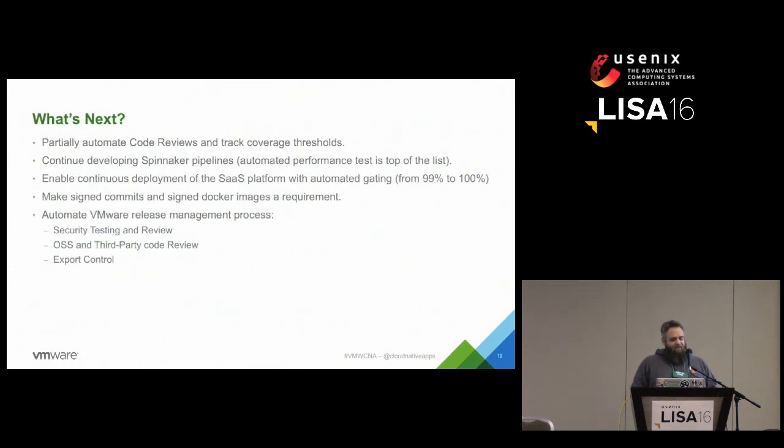I'm talking mostly about our release management process, which is, I guess, close to pretty much any large development shop out there. We have security testing and review. We have open source and third-party code review. If you ever integrate with third-party code, you have to review all the packages in it. There's a lot of legal involvement too. There are a lot of things to do.